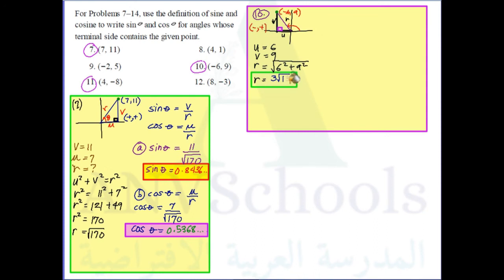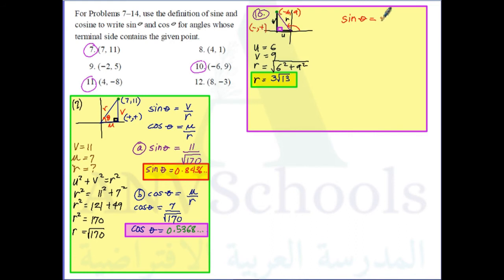So if that's our r, this is our r. Okay, so how do we find our sine theta? Our sine theta is positive, because it's positive here for our sine.